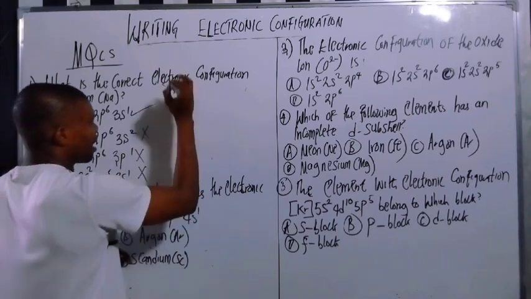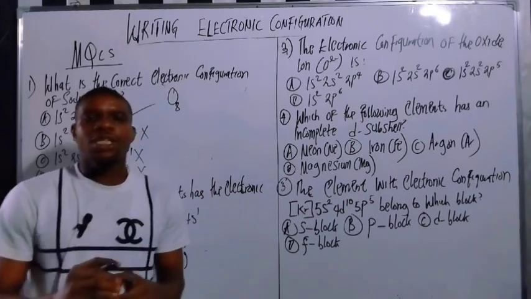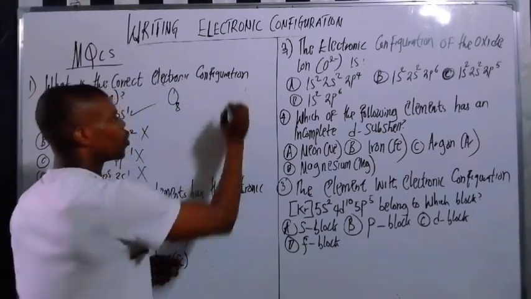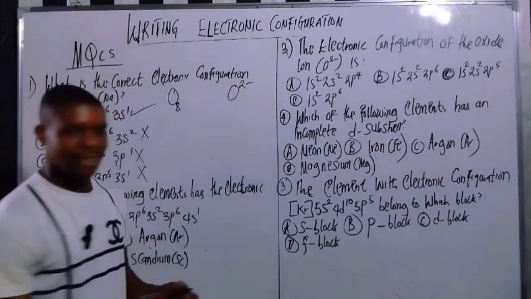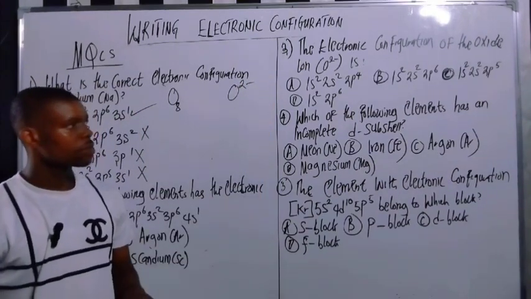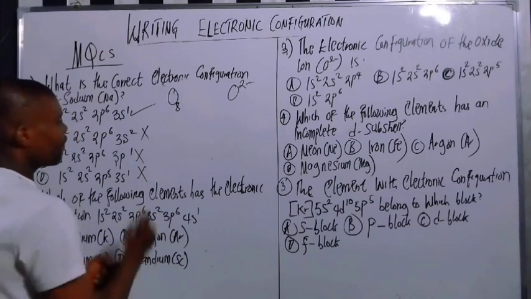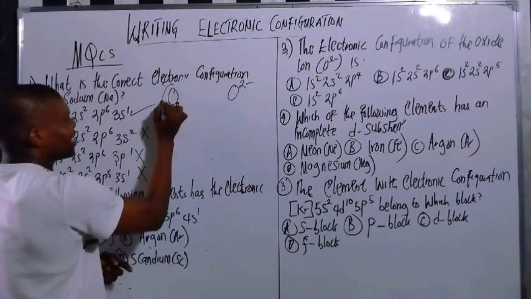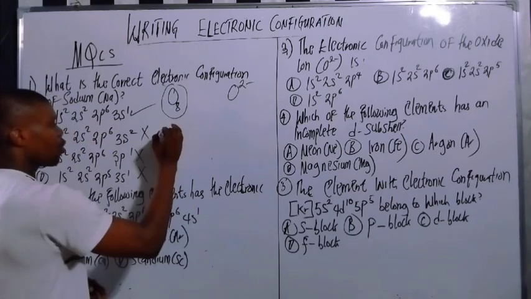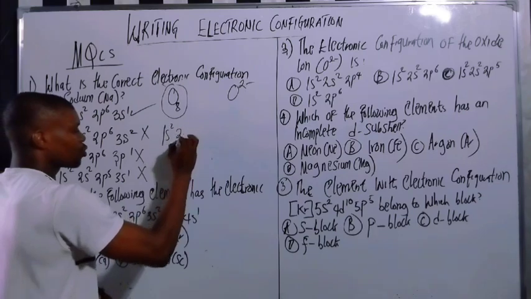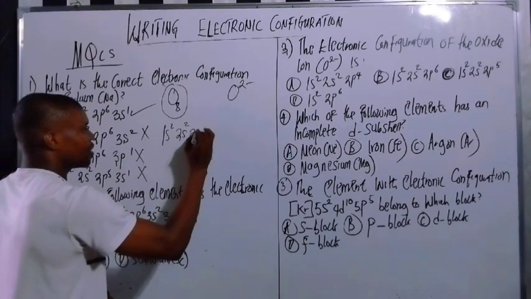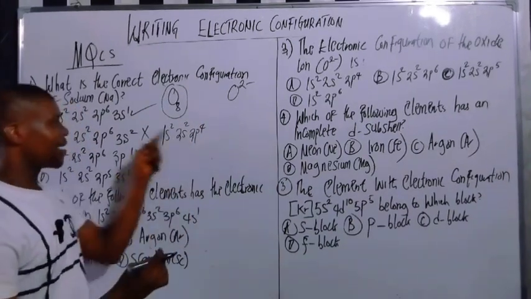Oxygen is 8. Now, if oxygen gains 2 electrons, it's going to be O2 minus. Can you see that? If they ask you to write the electronic configuration of oxygen, it's going to be 1s2, 2s2, 2p4. Can you see that? That makes it 8.